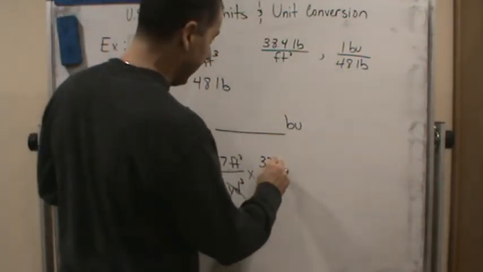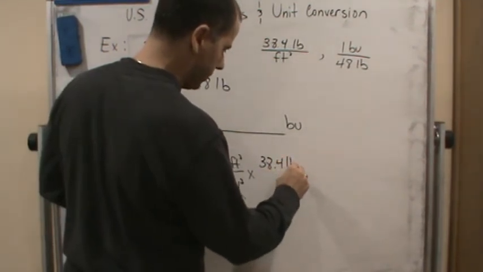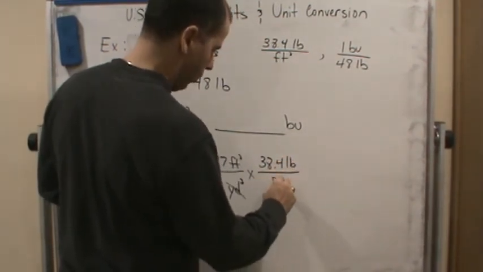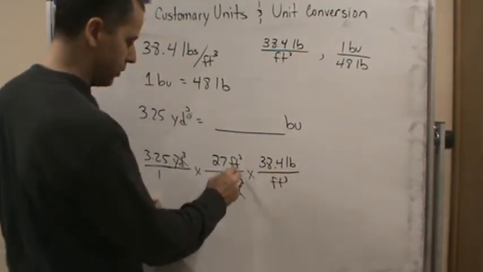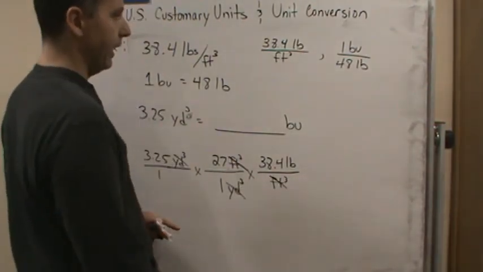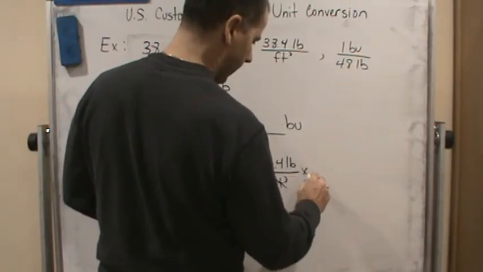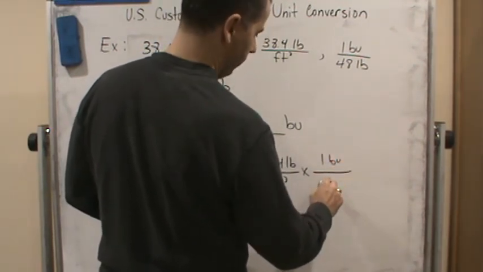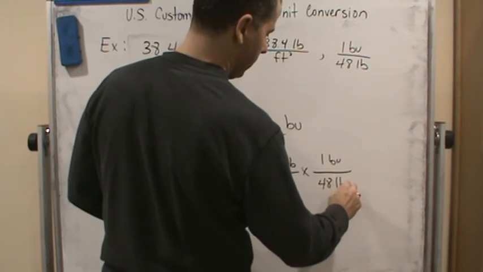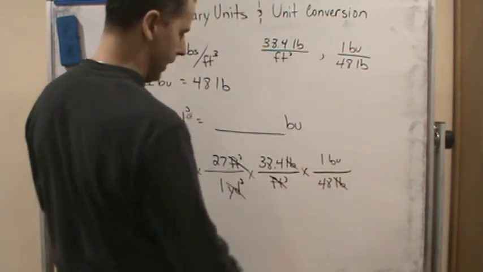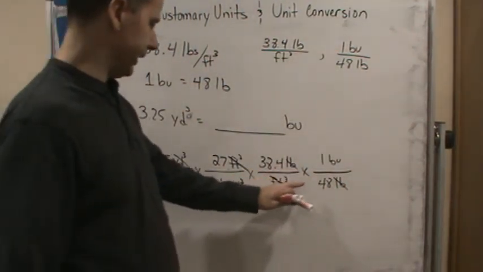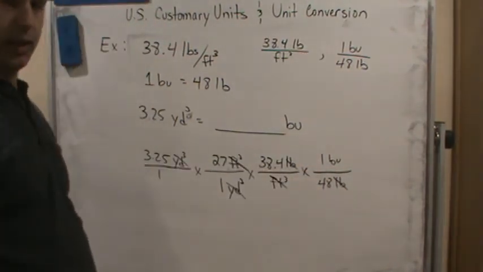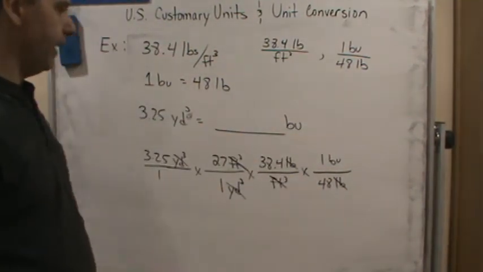So we're going to have 38.4 pounds over 1 cubic foot. And so this is going to cancel with that. And now finally, we can use our final conversion, which is going to be 1 bushel for every 48 pounds. And pounds cancels with pounds here. And of course, everything cancels except for bushels, which is what we're looking for, and we're done.